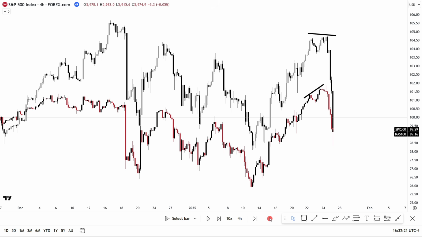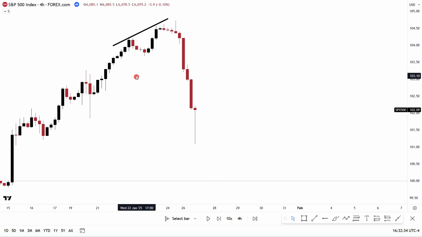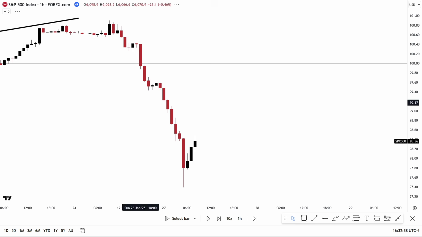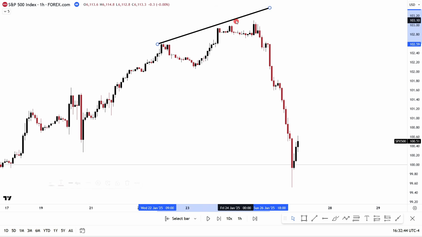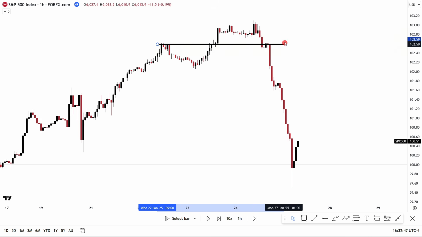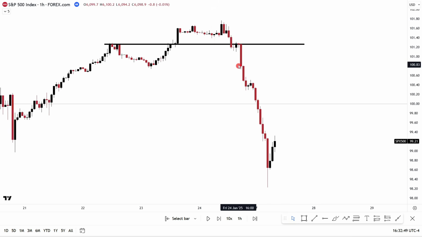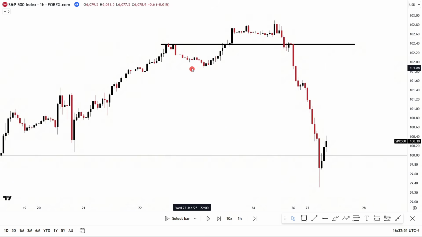So this is our example from earlier. And now let's investigate what happened inside of this liquidity sweep. So this is where the sweep occurred. Now, what pushed price?